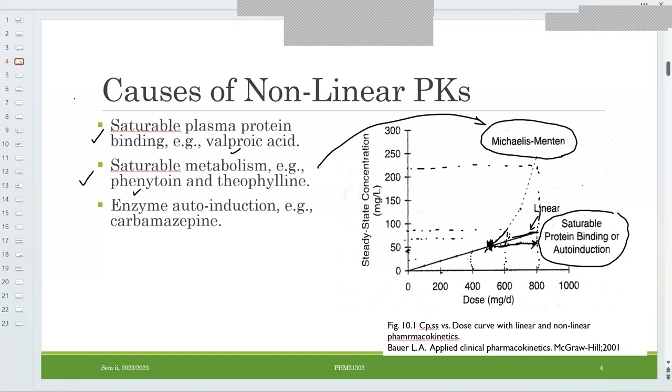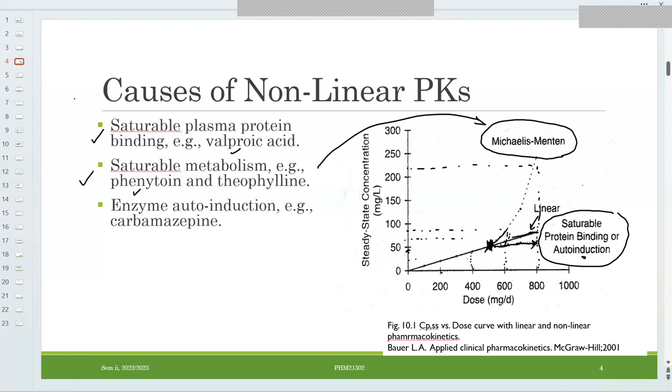Any additional dose will go to the free fraction. Free drug in plasma means available for metabolism or excretion, available for elimination. So the elimination rate will keep increasing, not proportionally, but more than proportionally. So the levels will not increase in the same proportion.